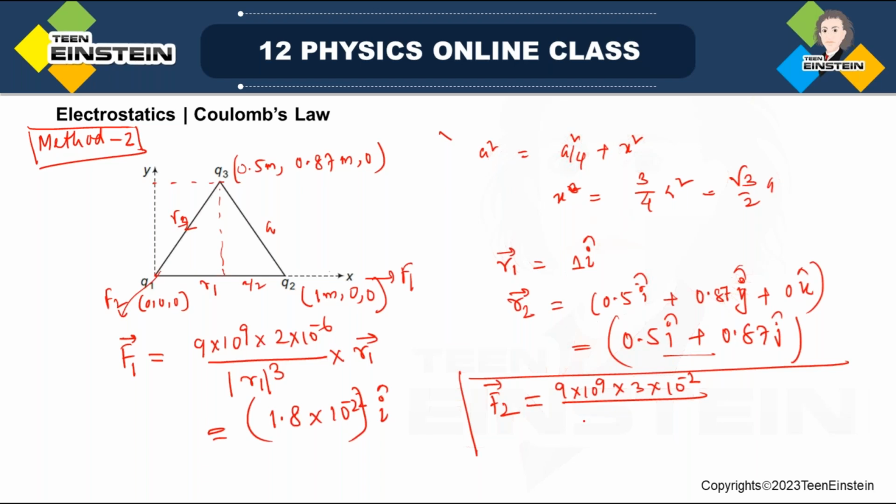Mod is actually the square root, so if I write cube, then I have to write 0.5 square plus 0.87 square whole to the power 3 by 2. And this is a vector over here: we can write 0.5 I cap plus 0.87 J cap.